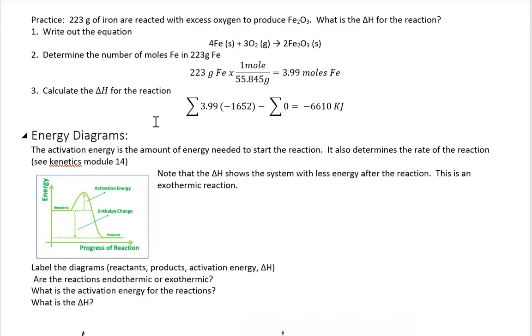So if you want to know how many moles are in 223 grams of iron, well, you're pretty familiar with having to solve that. So 223 grams, if you look up iron, it's got 55.85 grams per mole. So we're starting with almost 4 moles, 3.99 moles of iron.